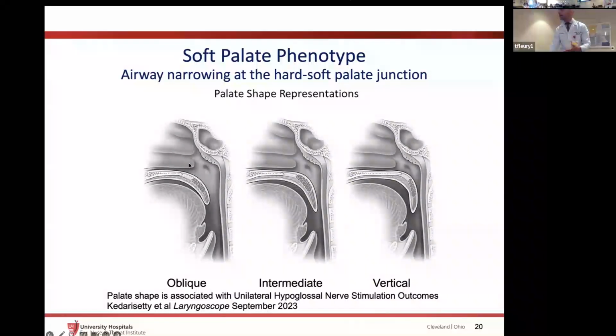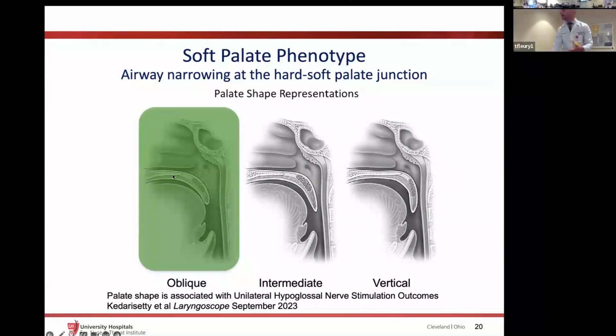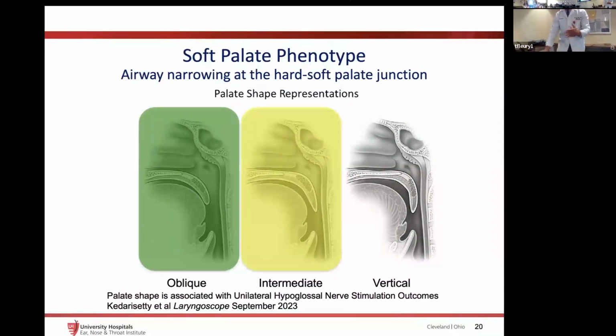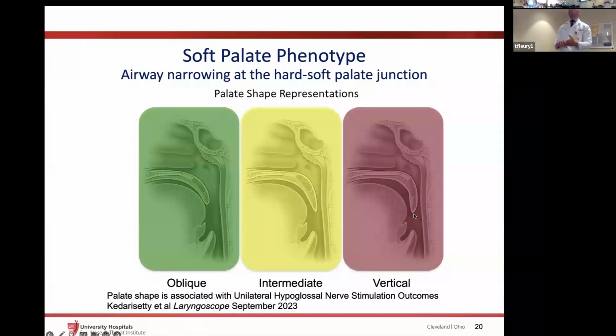So patients who have an oblique positioning of the soft palate tend to respond better to hypoglossal nerve stimulation. Patients who are intermediate, you don't have such good results. And this is very easy to diagnose. You look in the patient's throat and you see what the palatal position is. And finally, patients who have a very vertical palate, you don't expect them to do as well with hypoglossal nerve stimulation.